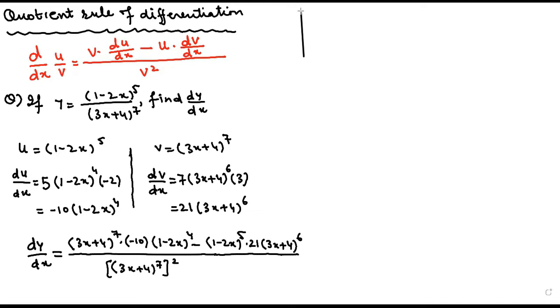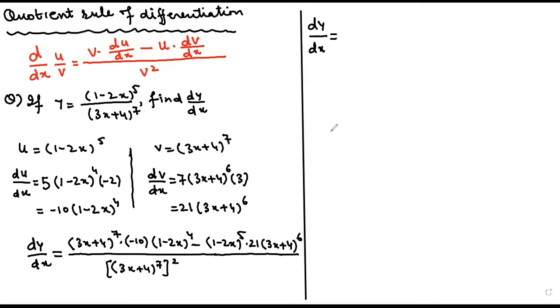Now, the main task in these questions is to simplify the expression and get the answer which is at the back of the book. Because in the past paper, there will be a question: differentiate this one and show that the expression can be simplified to this form.